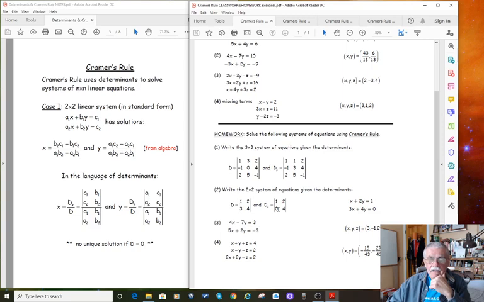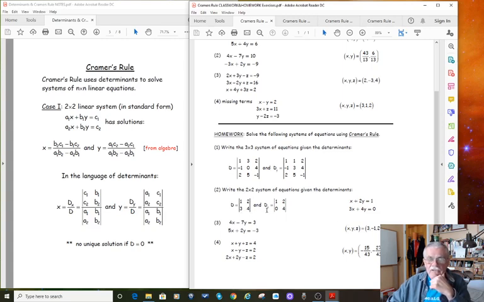That's all right. So don't forget that D stands for the coefficients of the x and y. So 1x and 2y, 3x and 4y, so that gives you that.